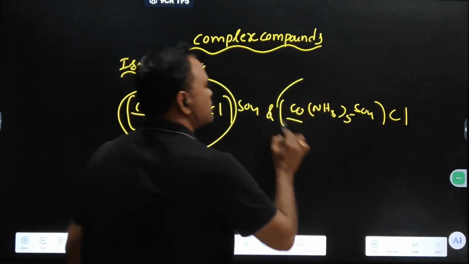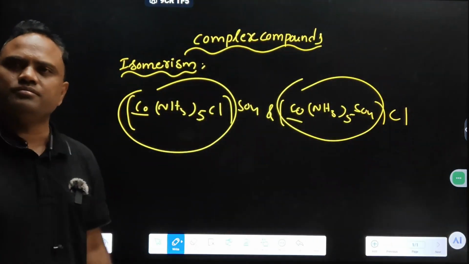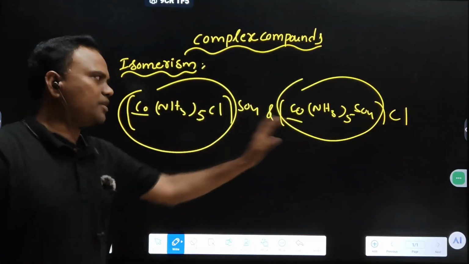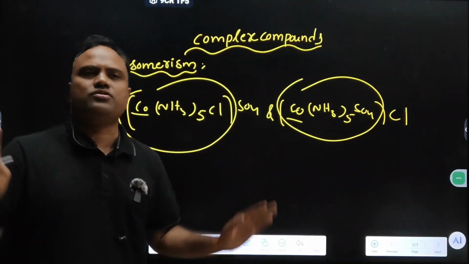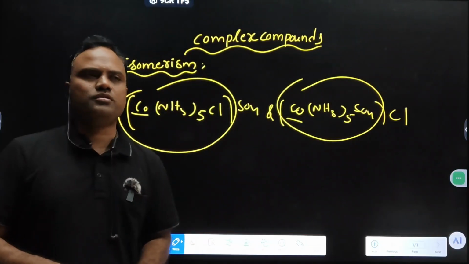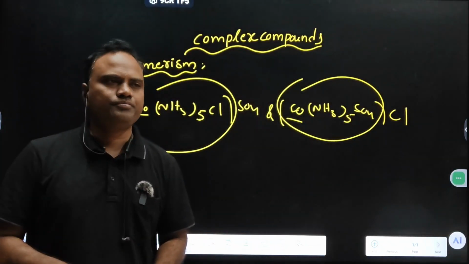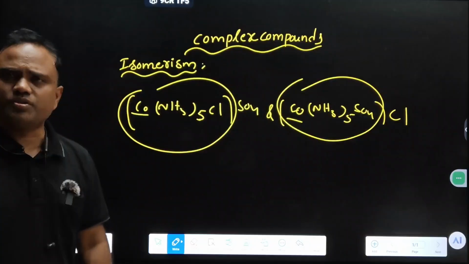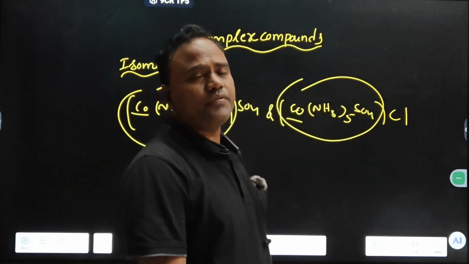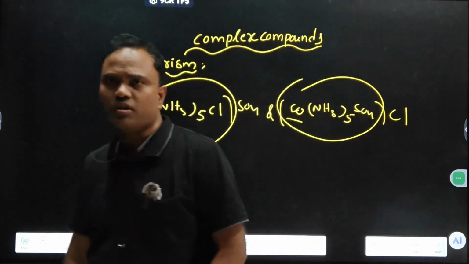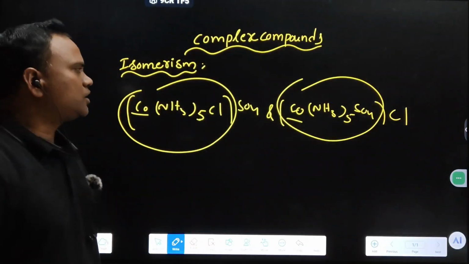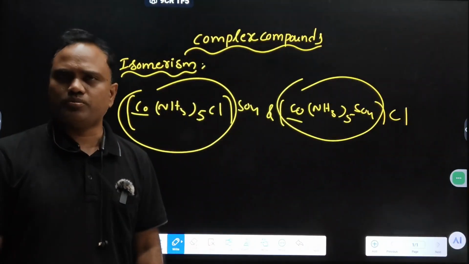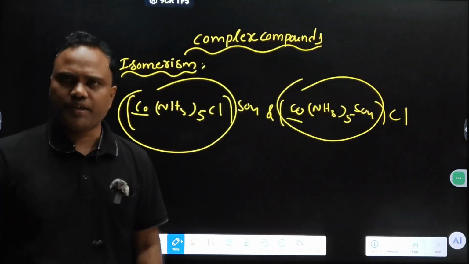Different. Simple definition. Complexes having the same molecular formula but different structures are called isomers, and the phenomenon is called isomerism.